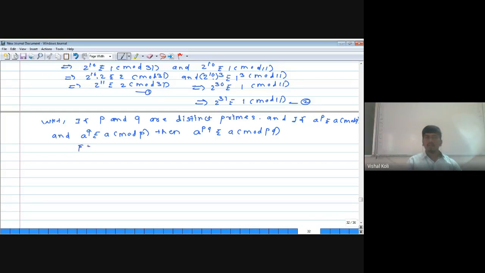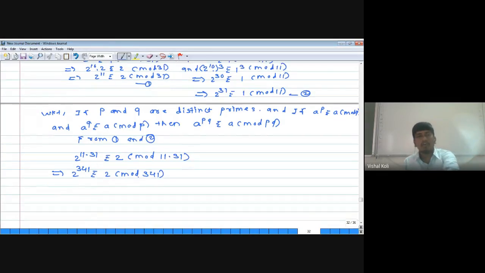Then from equations 1 and 2, by the above result, 2 to the power 11 into 31 is congruent to 2 modulo 11 into 31. 11 into 31 is nothing but 341, so 2 to the power 341 is congruent to 2 modulo 341. Therefore, here a to the power n is congruent to a modulo n.